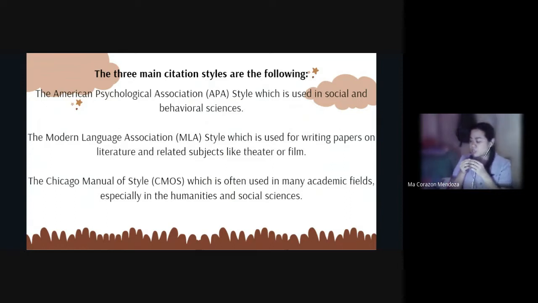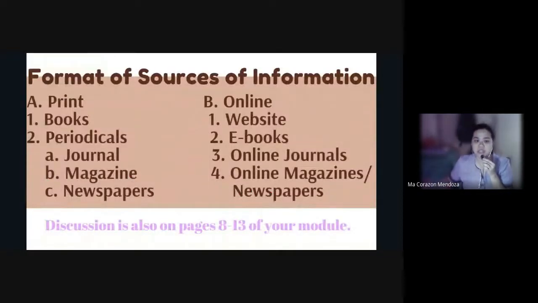And so today we will focus on CMOS, which is the Chicago Manual of Style, which is often used in many academic fields, especially in the humanities and social sciences.